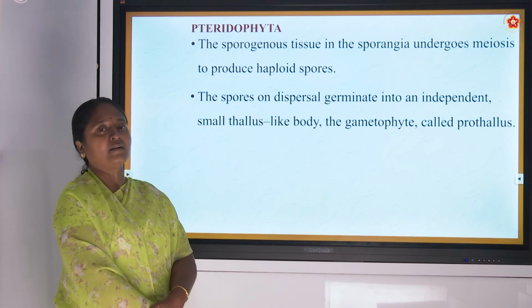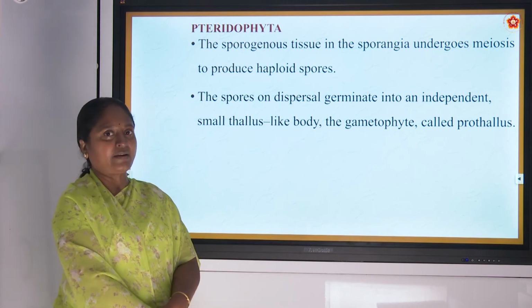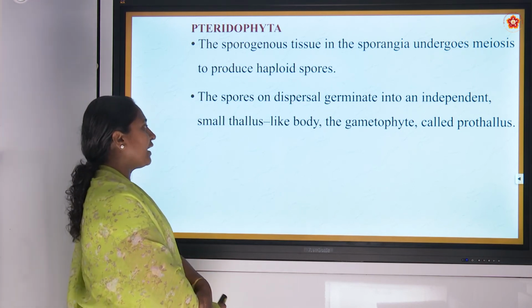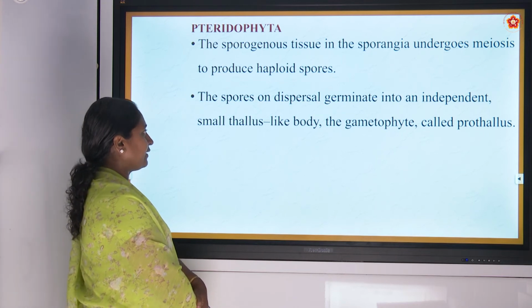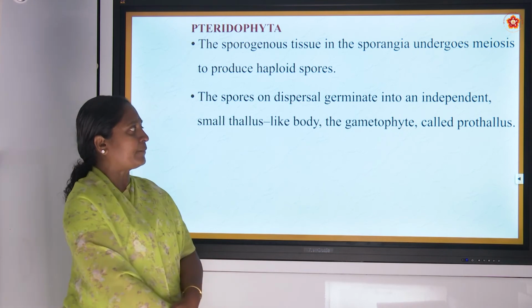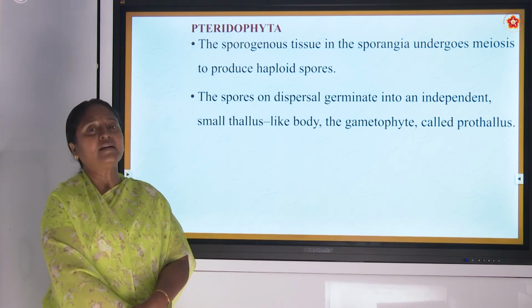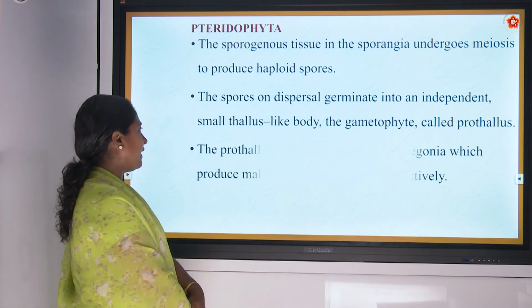It won't depend on the mother, as in bryophytes where it depends on the main thallus body, right? Here the spores are dispersed and become independent, and a small thallus comes out, known as the gametophyte, and the initial plant which comes out from the spore is known as the prothallus.